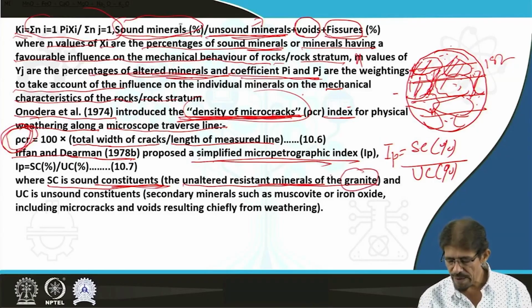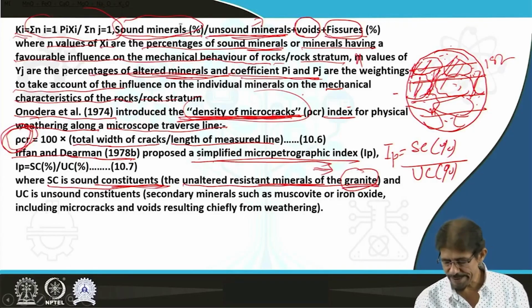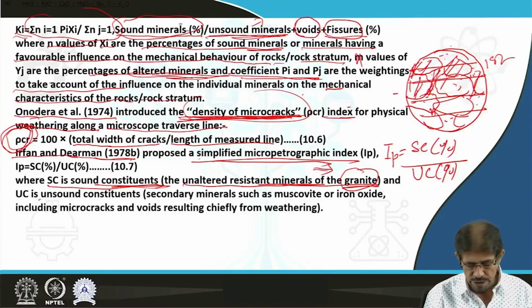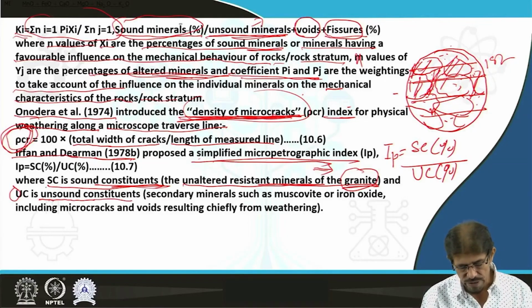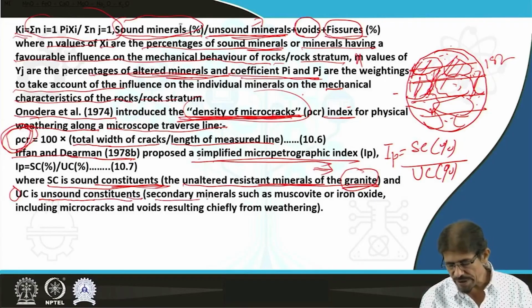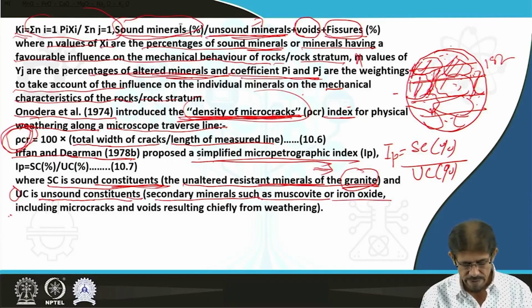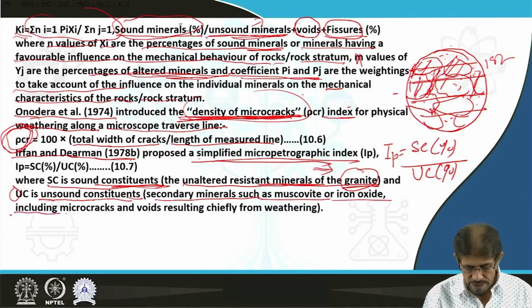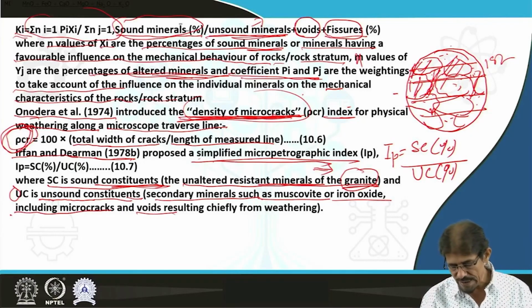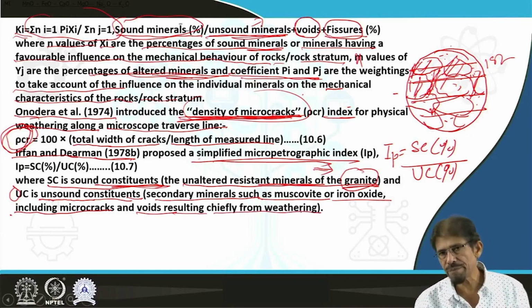Here Irfan and Dearman have experimented on granite. And UC is unsound constituent, meaning secondary minerals such as muscovite or iron oxide, including microcracks and voids resulting chiefly from weathering.